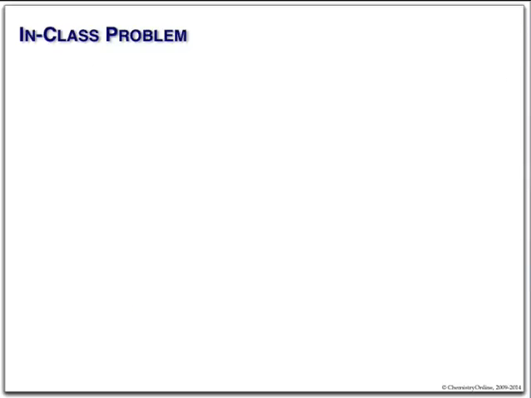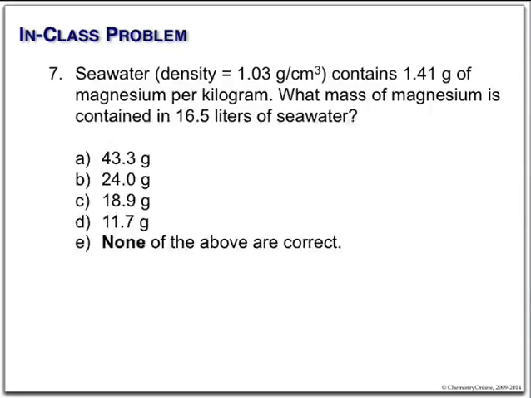And finally, this guy is a little bit amazing, actually. Seawater. We are all familiar with seawater having salt and water in solution. Well, it also contains a lot of magnesium.